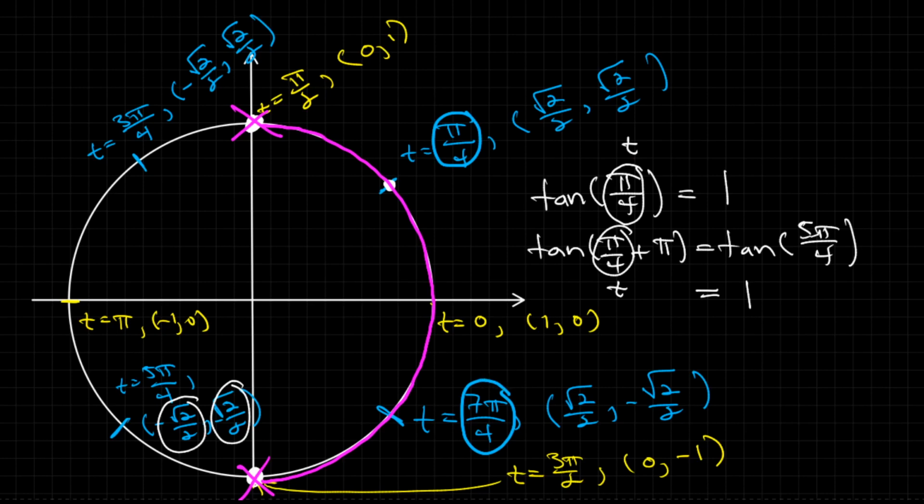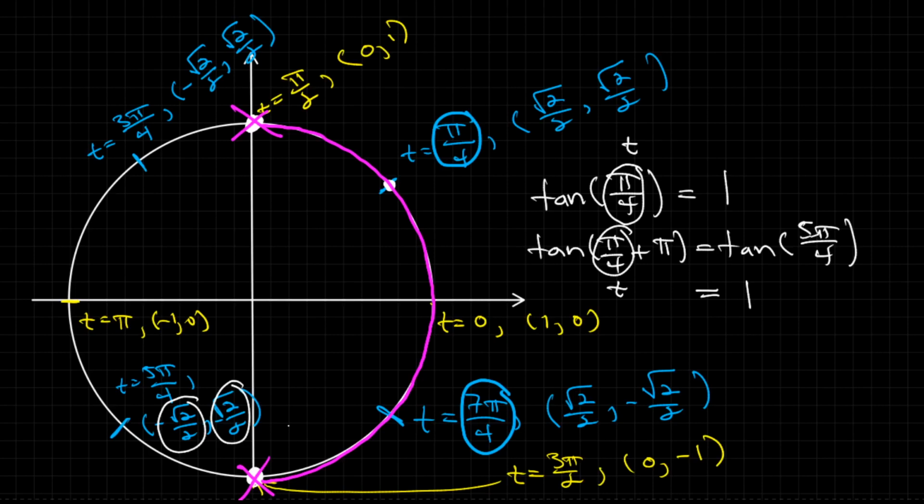The reason being, if you imagine making your table right now, you would have some t values, some angles, and then tangent of t. And what would you be filling in for t?